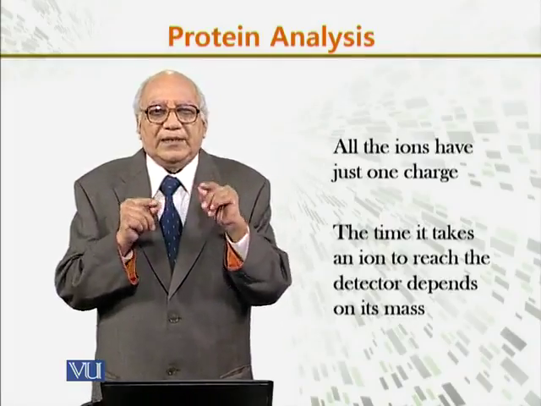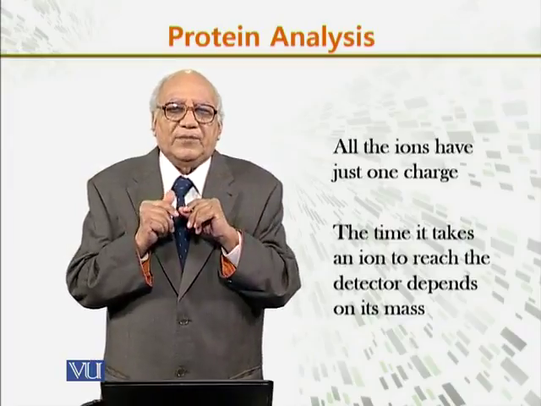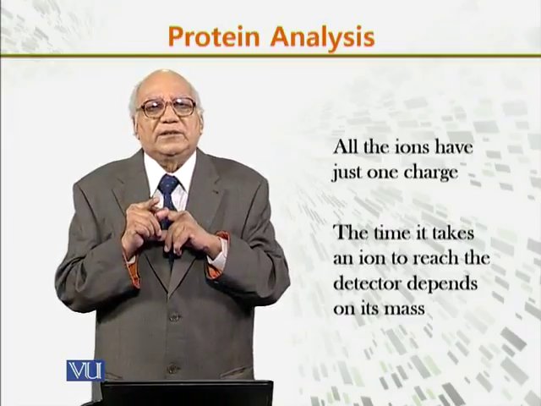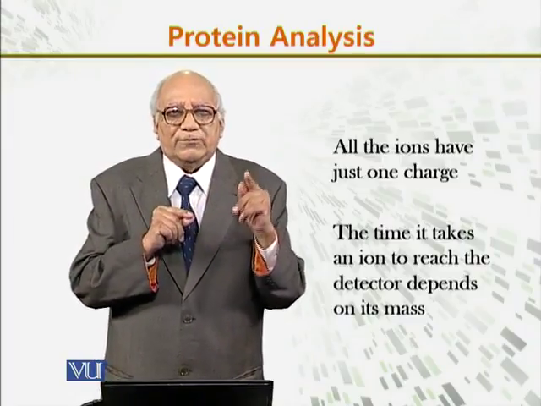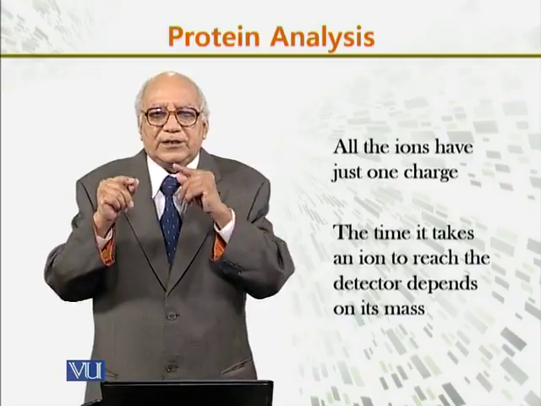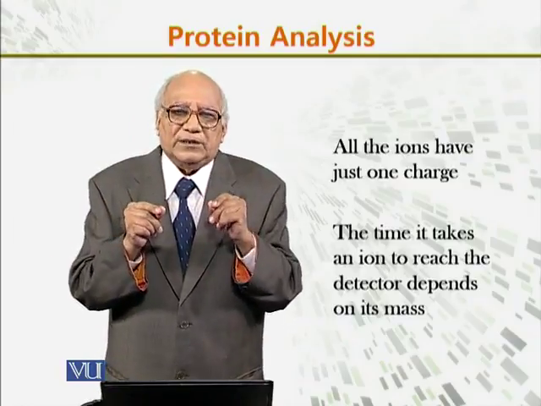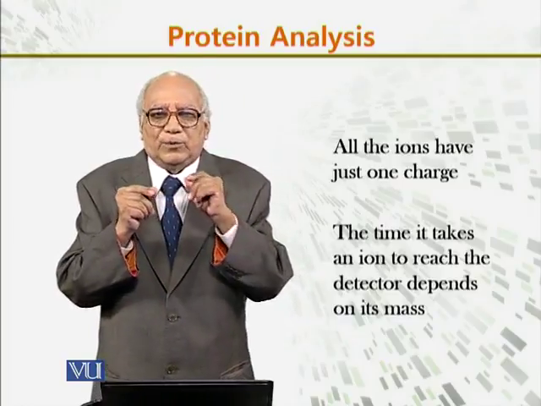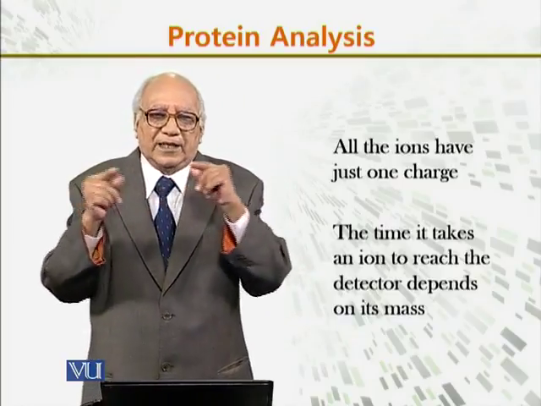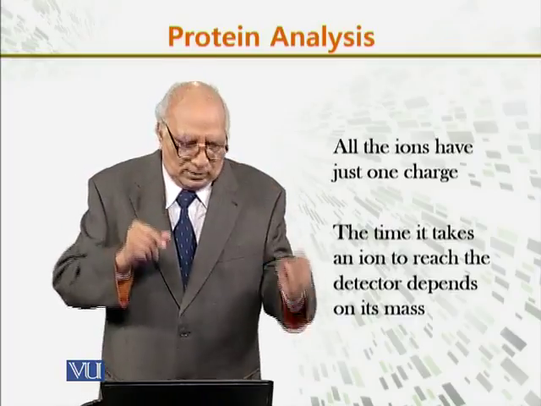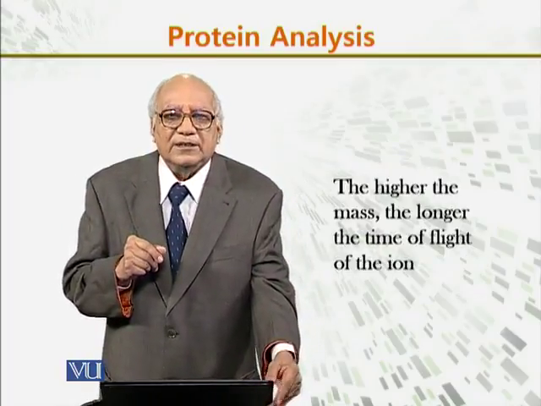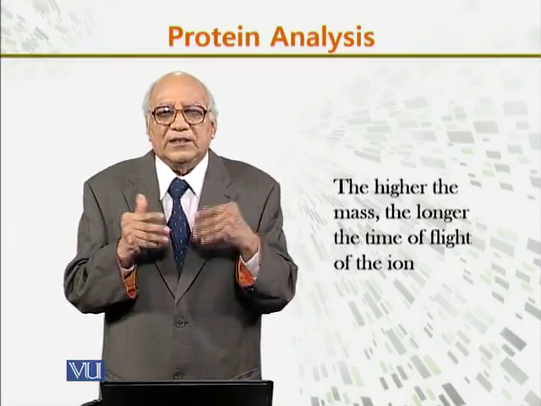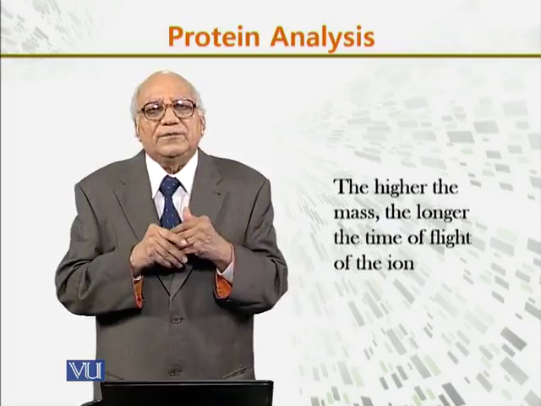The time it takes an ion to reach the detector depends on the mass. So the principle is that when the ion reaches the detector, it depends on its mass. The heavier it is, the more time it will take; the lighter will go in a shorter time. The higher the mass, the longer the time of flight of the ion.